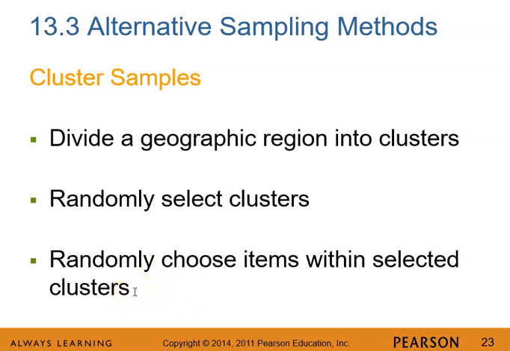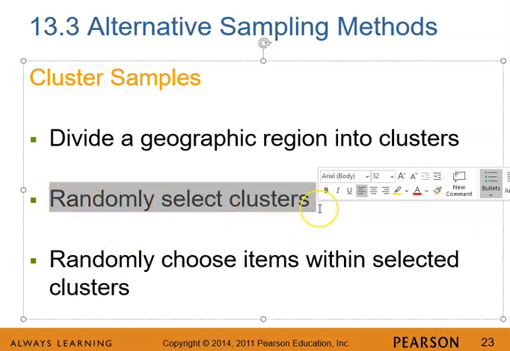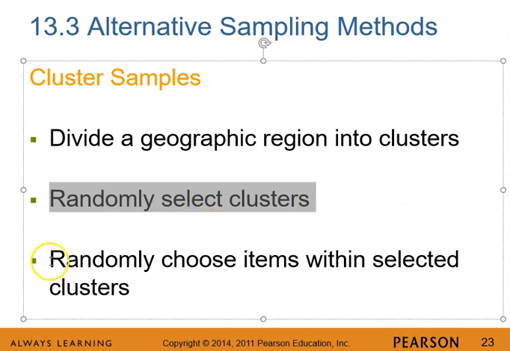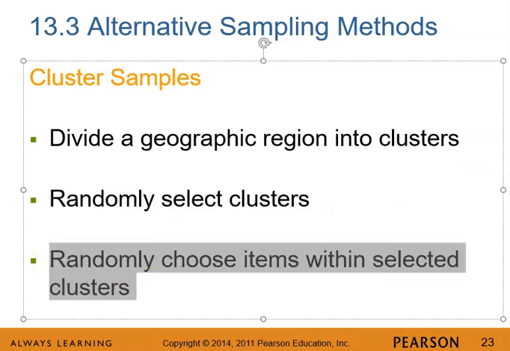So this way there are actually two rounds of random selection happening. One time your clusters are being sampled, and then from those sampled clusters we randomly select some items from each.